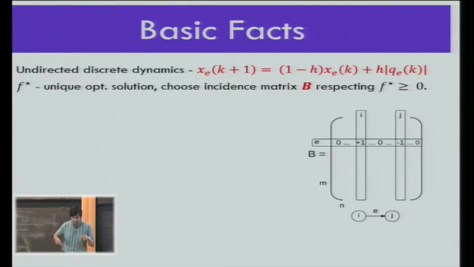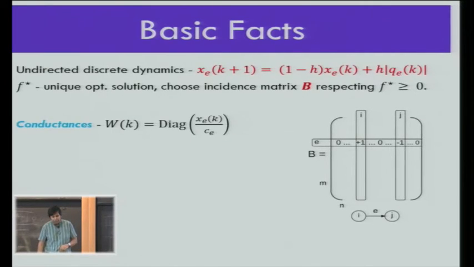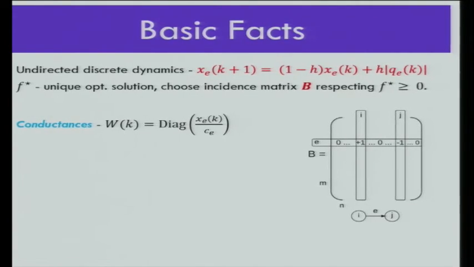That way we don't have to keep putting these absolute values. Now some basic stuff from electrical networks. For every k, we consider conductances, which are the inverse of resistances. This is really an m cross m diagonal matrix, which for every edge associates a conductance x_k by the cost.